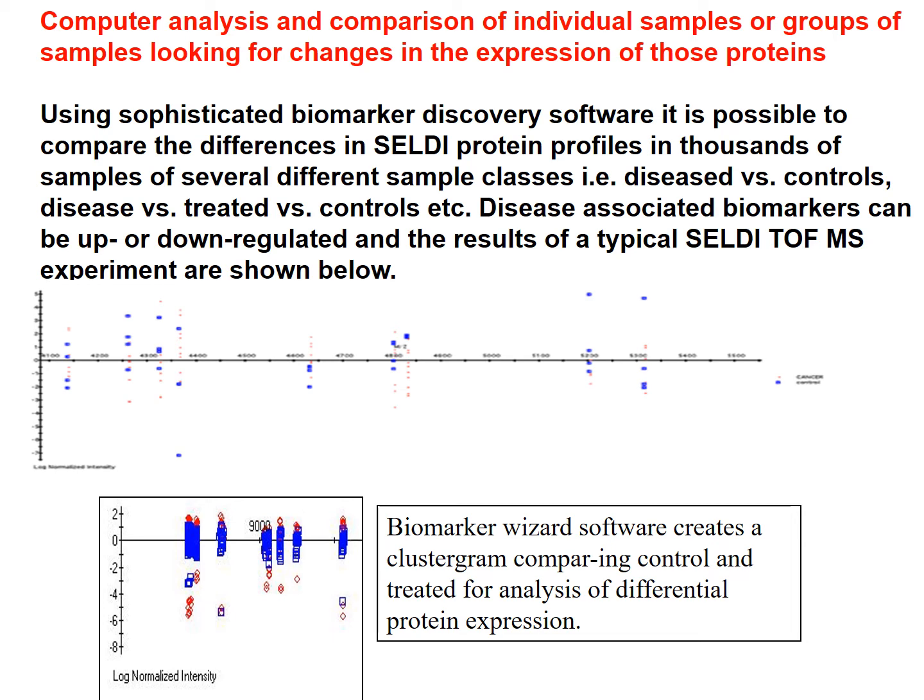So this is a biomarker software. They keep track of all these profiles, and they can be then accessed and compared in a disease versus a control, or maybe disease versus a treated versus an untreated control.